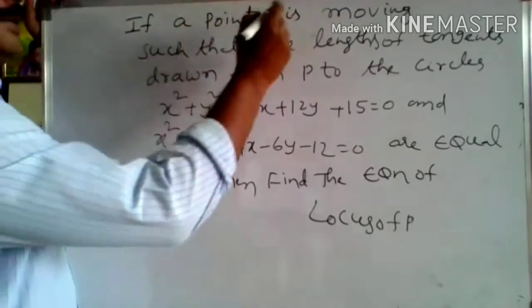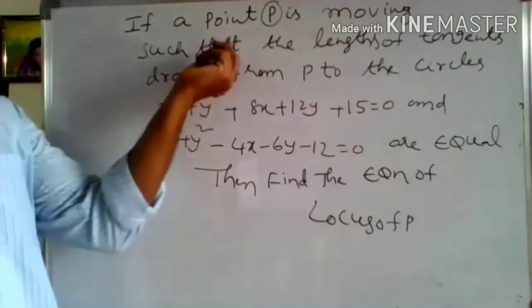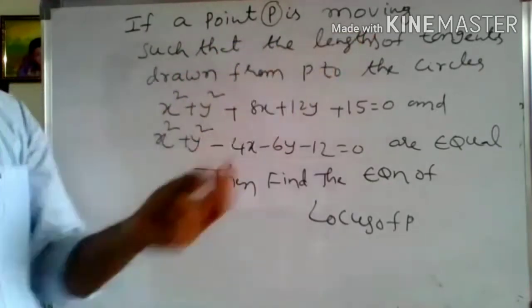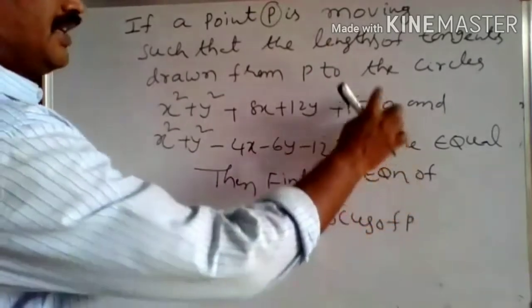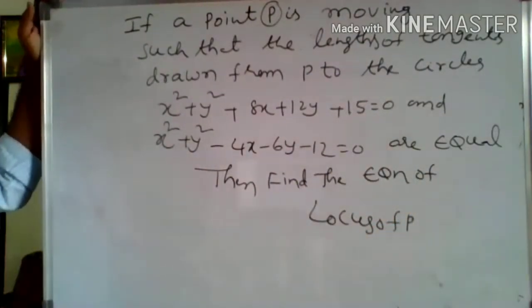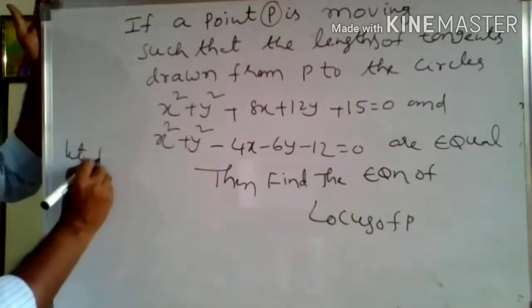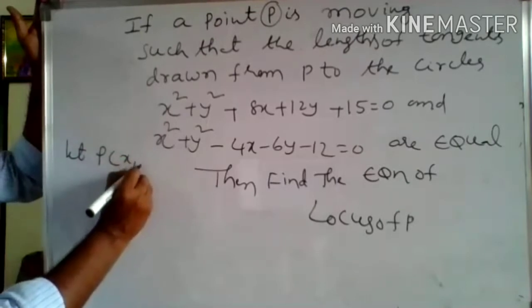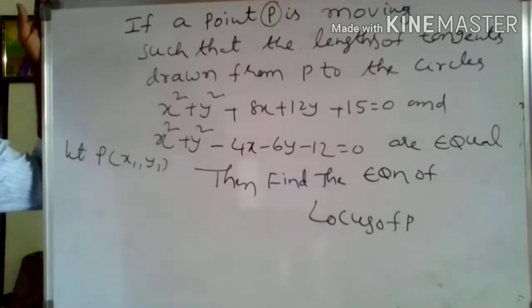If a point P is moving such that the lengths of tangents drawn from P to the circles are equal, what is the condition? First, take the point P as (x1, y1). Length of tangent is √S11.